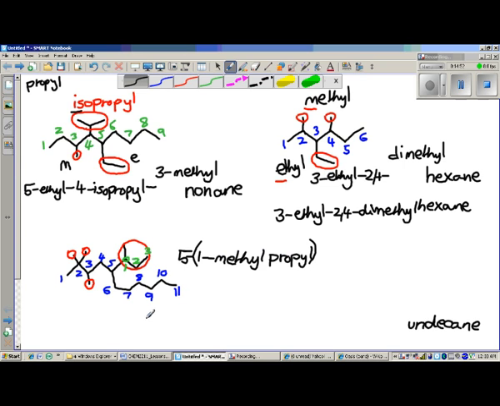Now let me leave a whole ton of room here. 2, 2, 3. Remember, we need a hyphen between numbers and letters. The prefix for 2 of something was di, so what's the prefix for 3 of something? It's tri. Okay, 2,2,3-trimethyl. Again, we need a hyphen between our letter and our number, which in this case is going to be the 5.